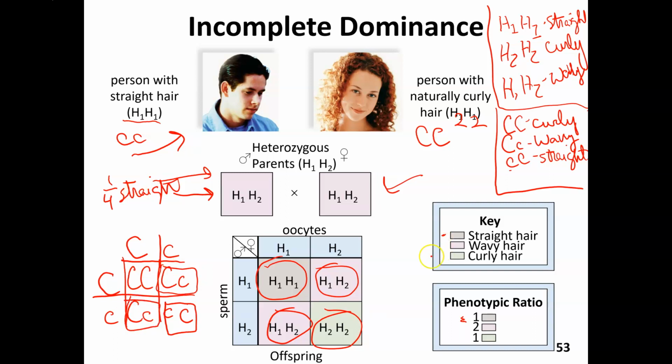And so there's 2, and we have 2 here, wavy. So 2 of 4 are wavy. And then we have 1 big C, which is curly. And again, we have curly and curly. So that's 1/4 curly. So we still have that 1 to 2 to 1 ratio. It's just this to me makes more sense than using the H1, H2. It confuses me. So I usually tend to do it this way. You can do it either way though.